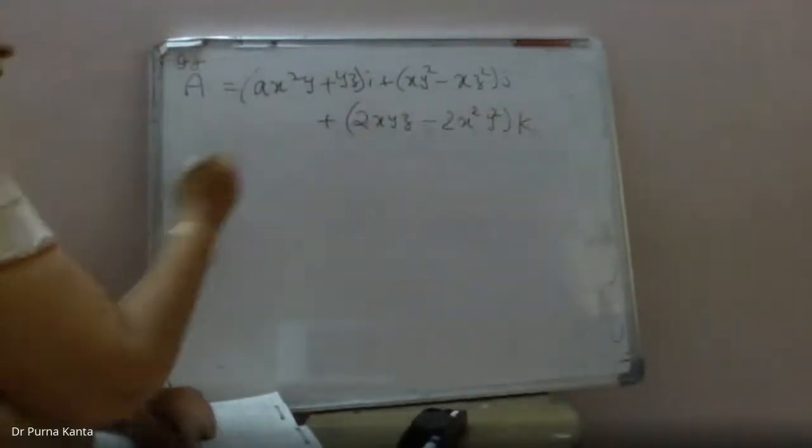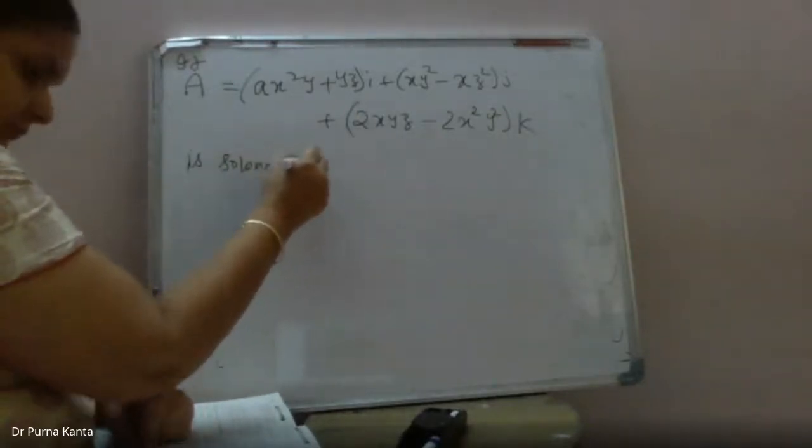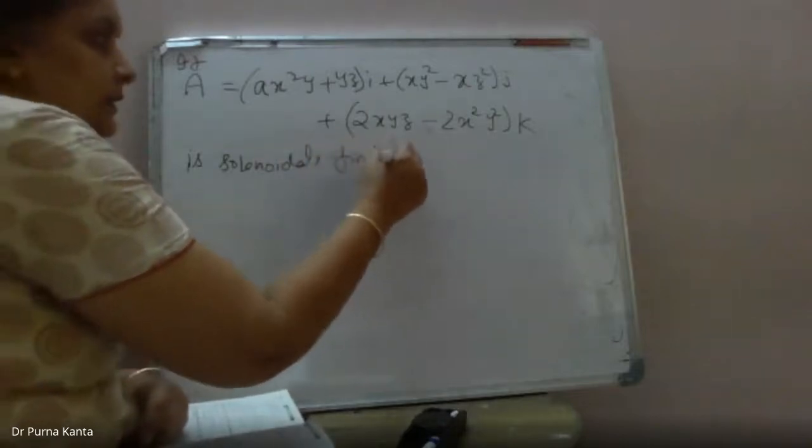If a is solenoidal, find the constant a.